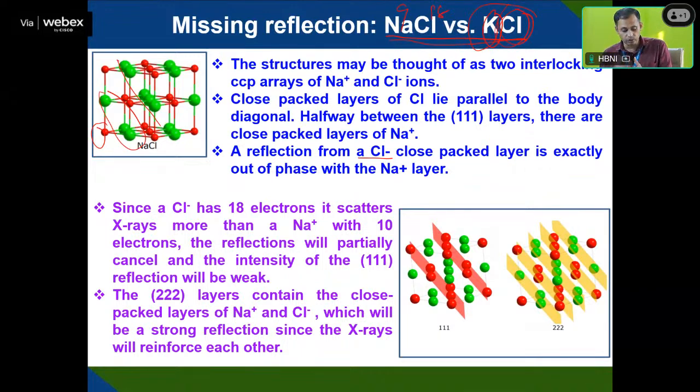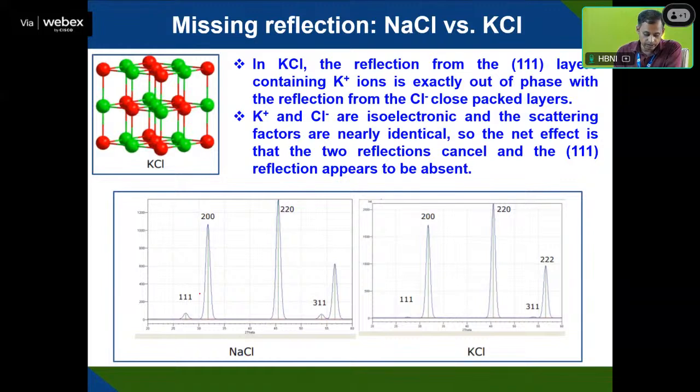Because of this isoelectronic nature, the X-ray beam diffracting from the K plane and Cl plane may be reinforced with each other in such a destructive way that you will not be able to see all planes. If you see here, this is the 1-1 plane. In case of NaCl, because they are not isoelectronic, you can see this 1-1 peak here.